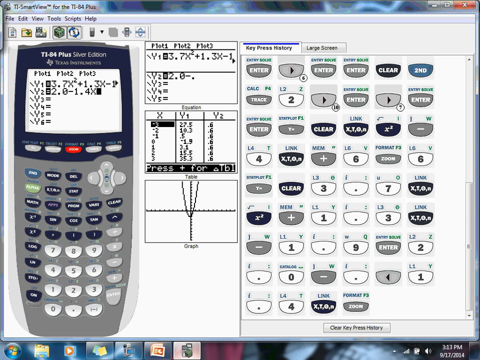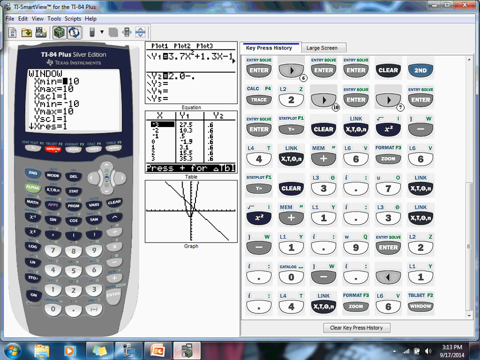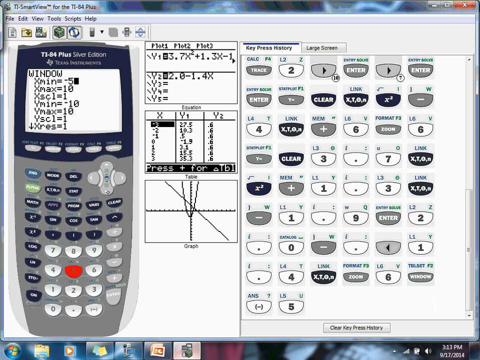Okay, now again, I'm going to do zoom 6. There's my parabola, and there's my line. And it's kind of smushed all in here a little bit. So I've got a lot of empty space over here, down here, over here. So I'm going to zoom in just a little bit. Let me go from -5 to +5.